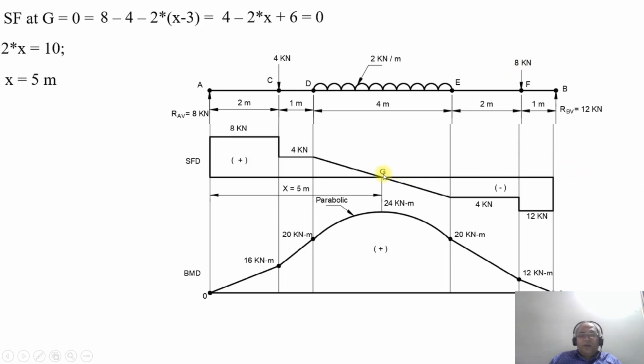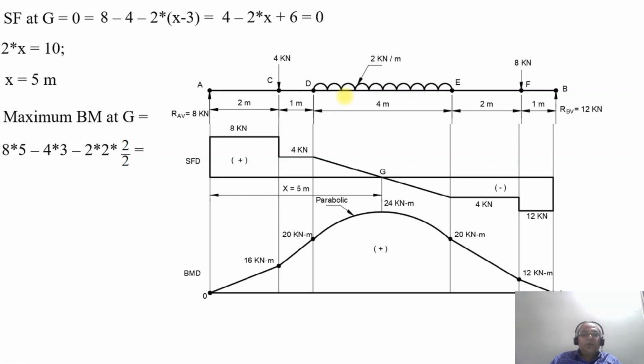Now we need to find out the bending moment at the point G. So at the point G, you will have 8, and that distance is 5 meters. So 8 into 5 minus 4 into 5 minus 2, which becomes 3, minus 2 into 5 minus 3, which is 2, into 2 into 2 by 2.